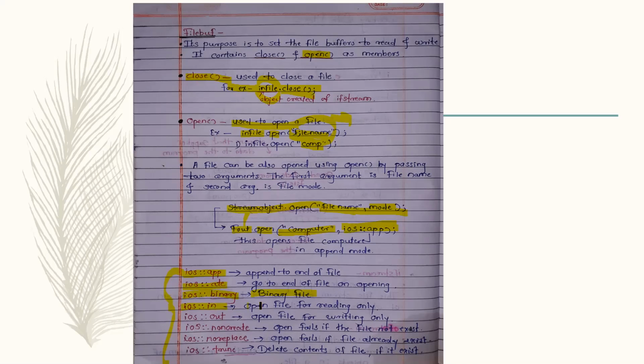ios::in opens a file for reading only. ios::out opens a file for writing only. ios::nocreate opens the file only if the file exists. If the file does not exist, then it will not create a file with that name. ios::noreplace opens the file only if the file does not already exist. ios::trunc deletes the content of the file if it exists.